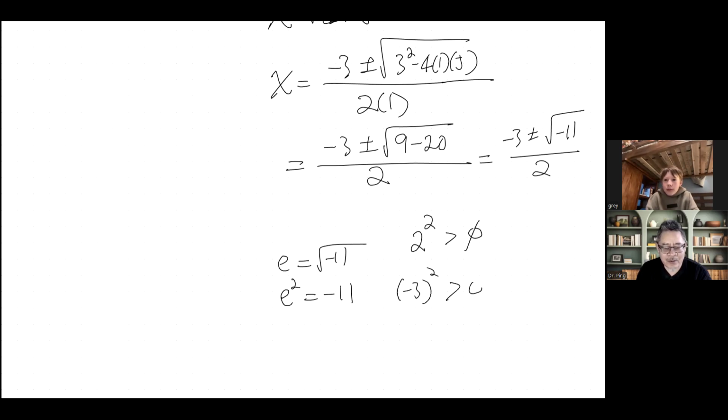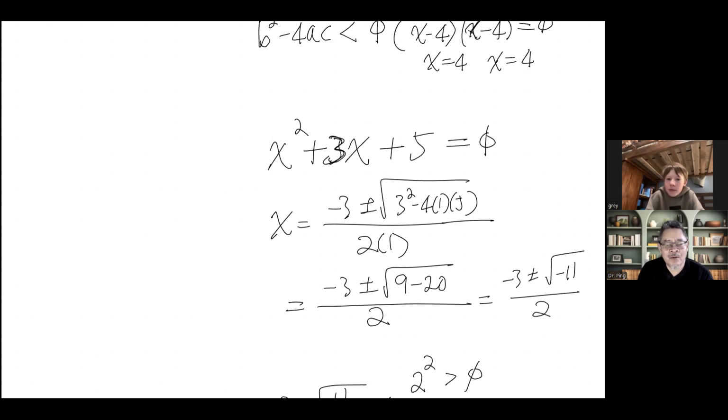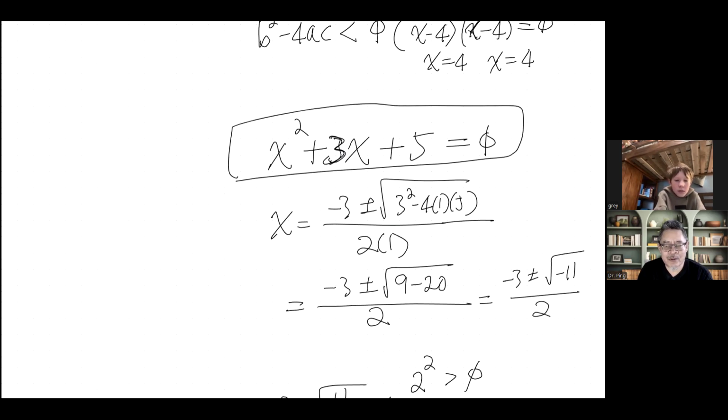So there's no real number to make this happen. Therefore, once we run into this situation, we know that this equation doesn't have real number solutions. Okay, there's no real number that can satisfy the equation. Good?